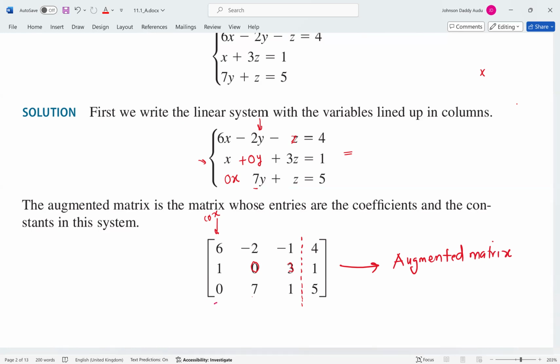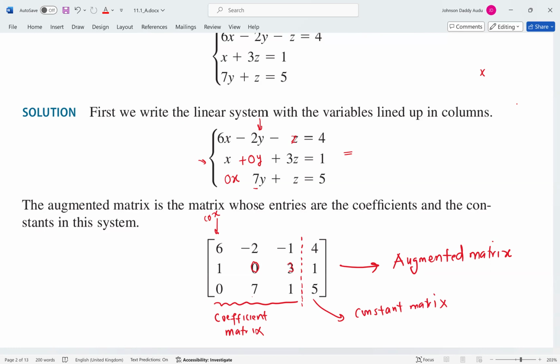Let me highlight it again. This one here is called the coefficient matrix, and in this case it is 3 by 3. This one is called the constant matrix. What is the size of this matrix?